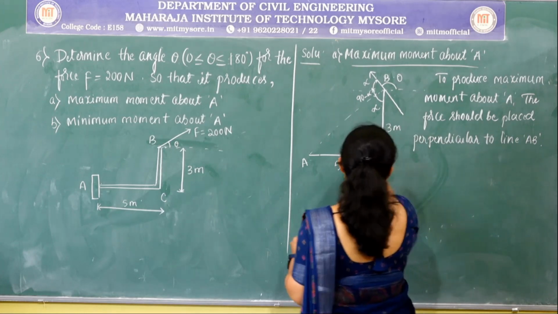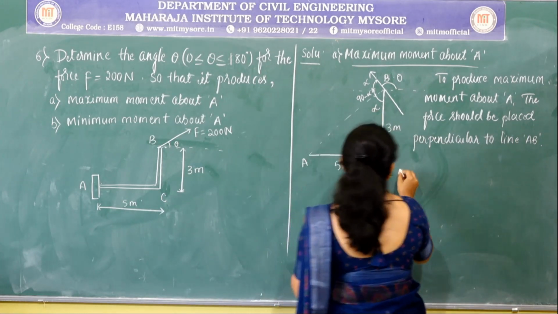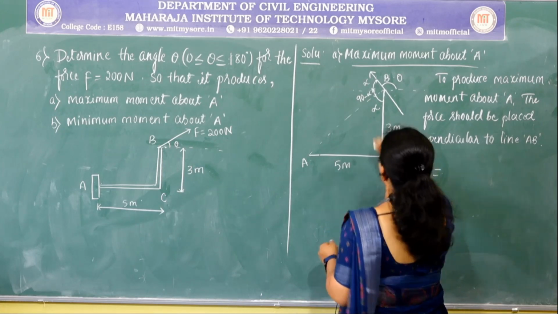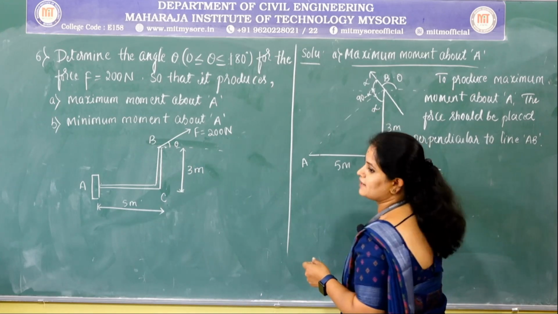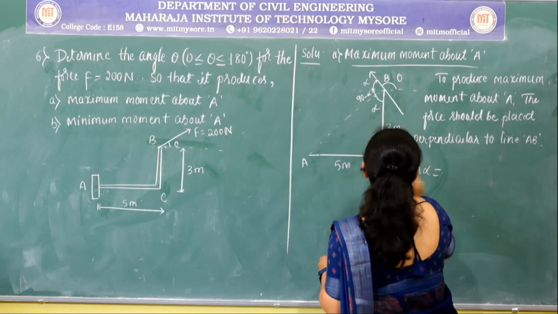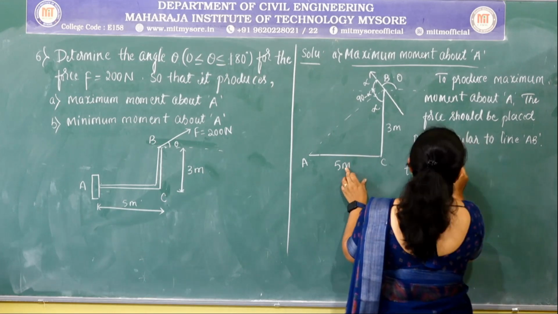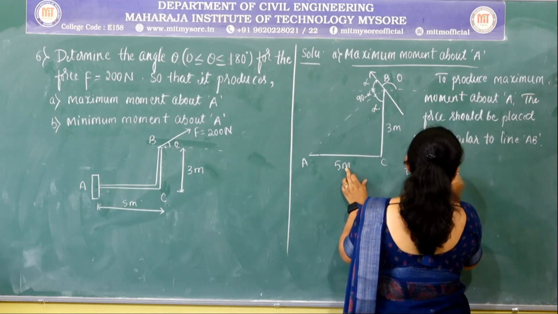So, therefore, to find out this angle alpha or the inclination angle, I know this opposite side as well as the adjacent side for this angle, so I can consider tan alpha. So, tan alpha is equal to 5 divided by 3.